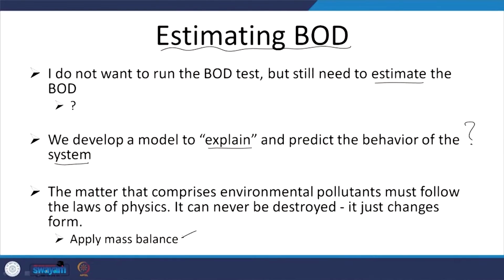So, how do I do that now? The whole aspect is based upon applying mass balance. Let us just see what we have out here. In this BOD test, what is it that I am assuming?